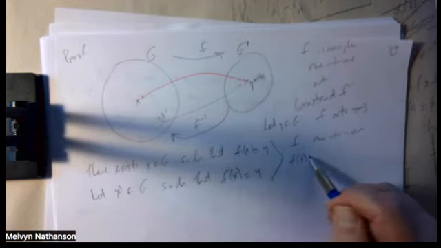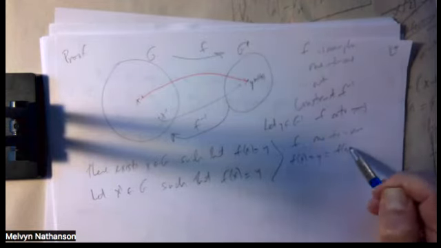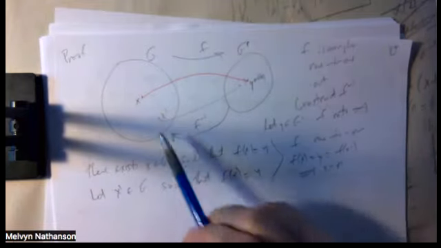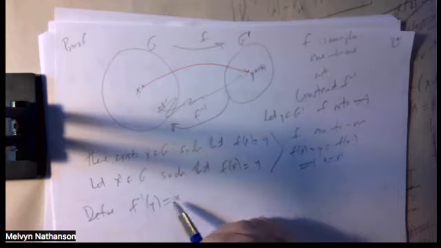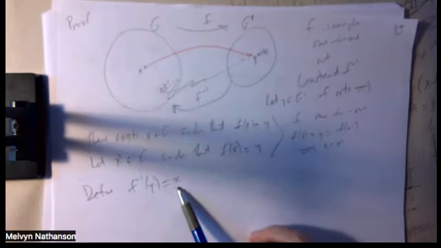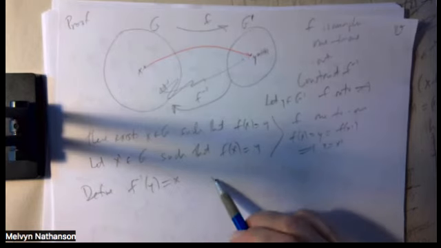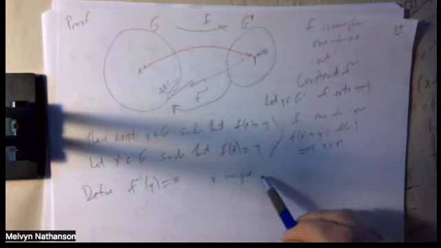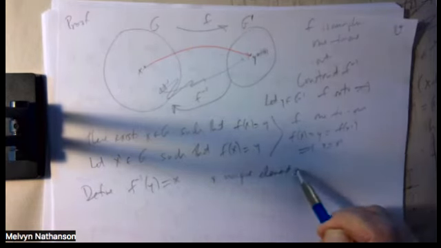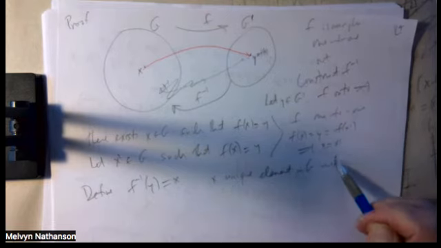So if f of x equals y and f of x prime equals y, then x equals x prime. So this element x is unique. There's no other element x prime. And so we can define f inverse of y to be equal to the unique element x in G with f of x equal to y.